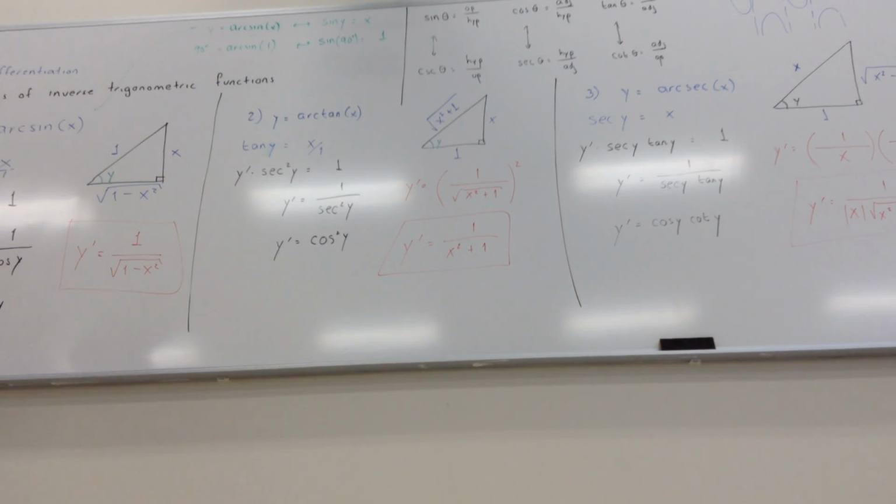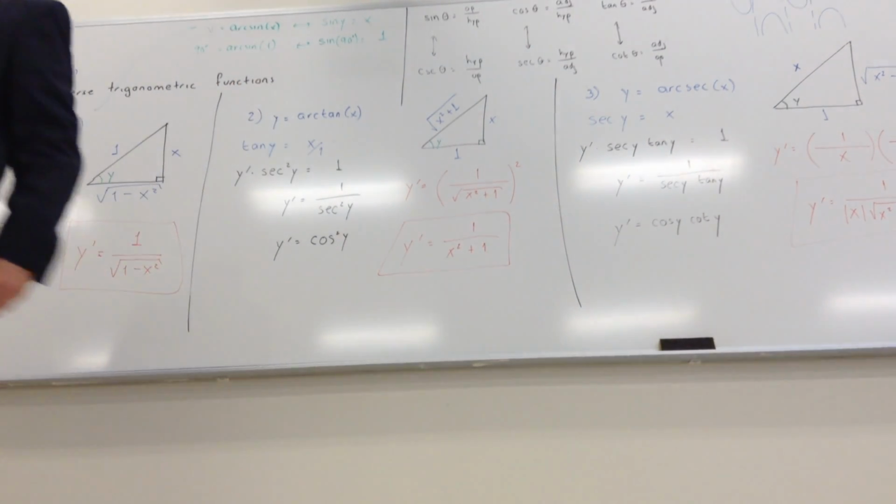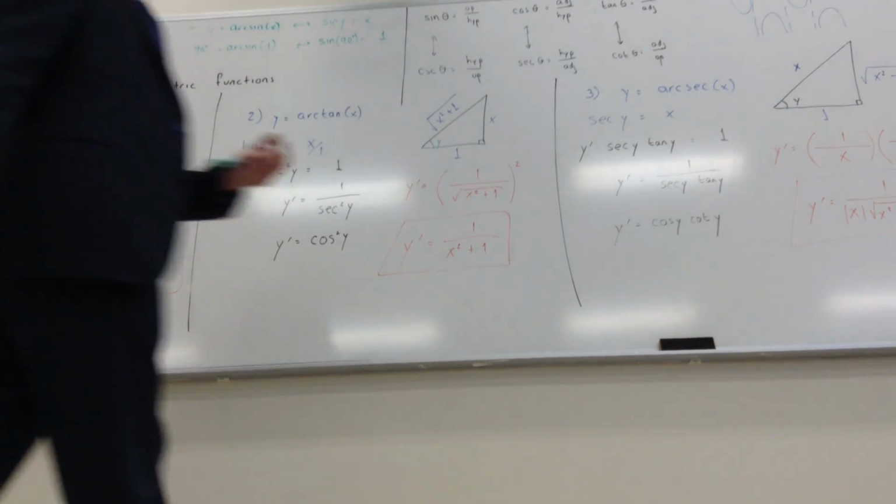Yeah, the other ones no. The other ones are squares. For the secant, arc secant and arc cosecant, that happens only because of this.